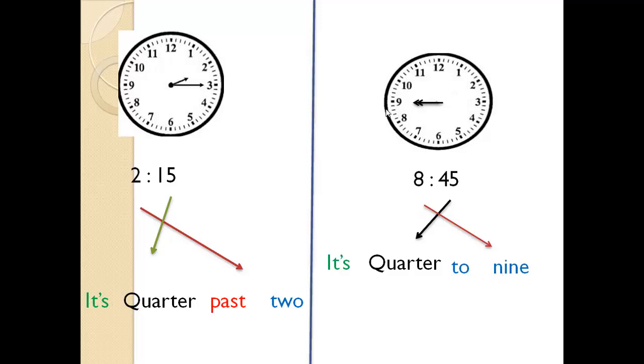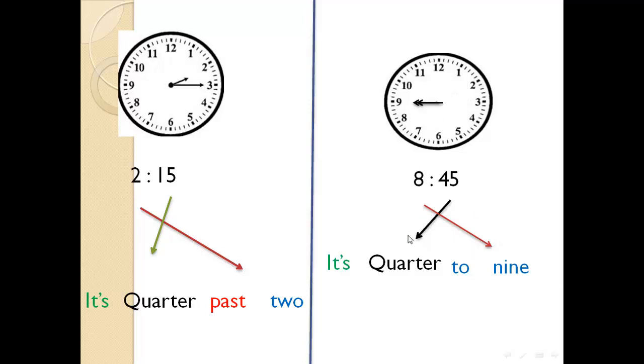Here, when you write the time in letter form and the long hand is in the left part, increase 1 hour when you write it. In digital form, write as you see, 8:45. But in letter form, increase 1 hour.